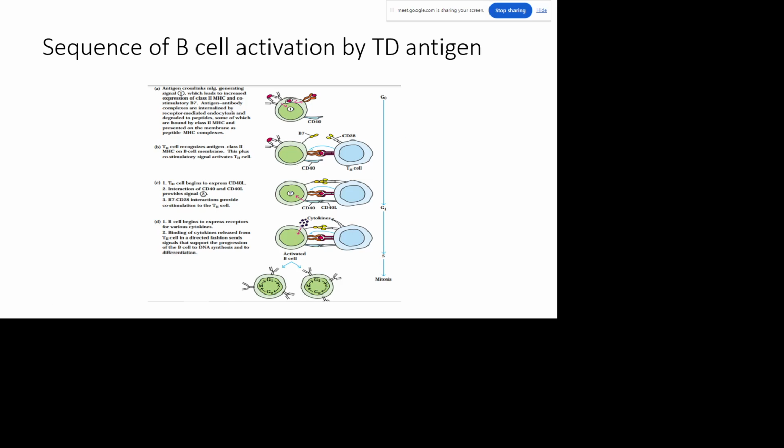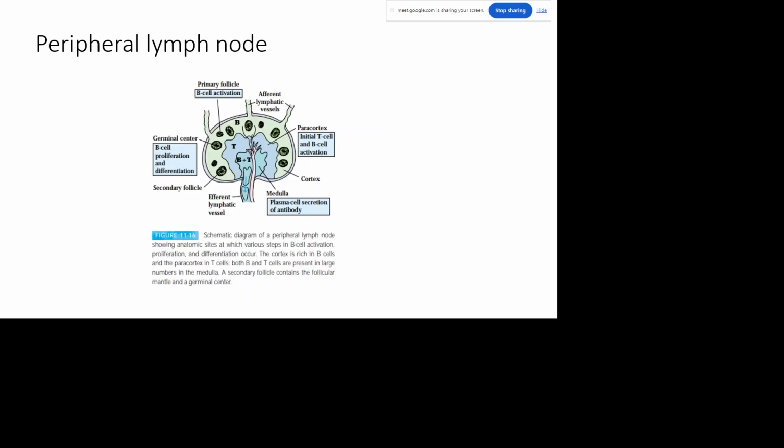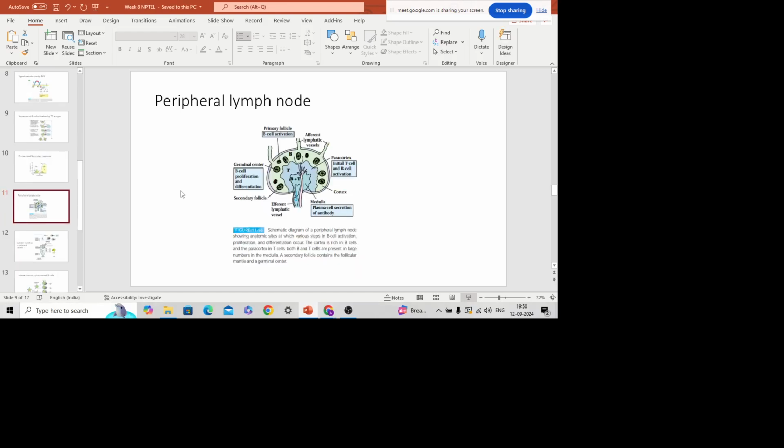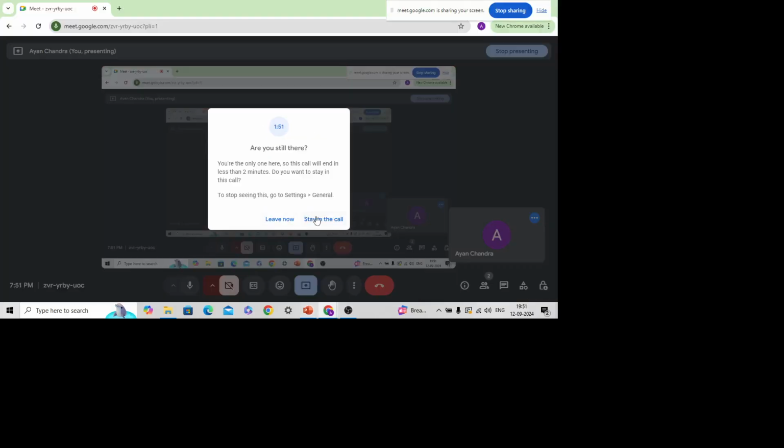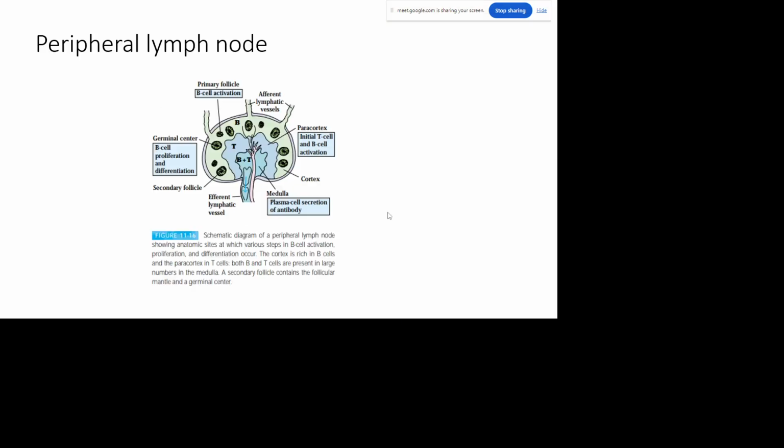Now this activated B cell will go to the germinal center, where it will undergo proliferation and differentiation.